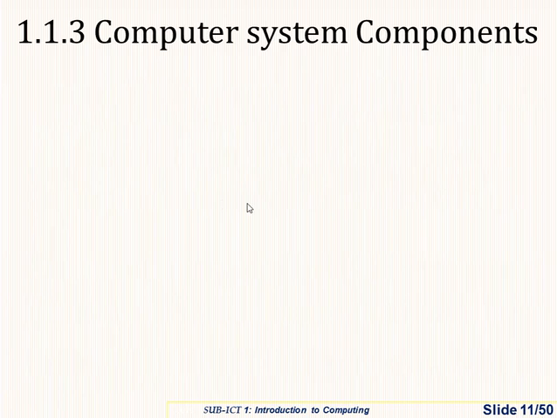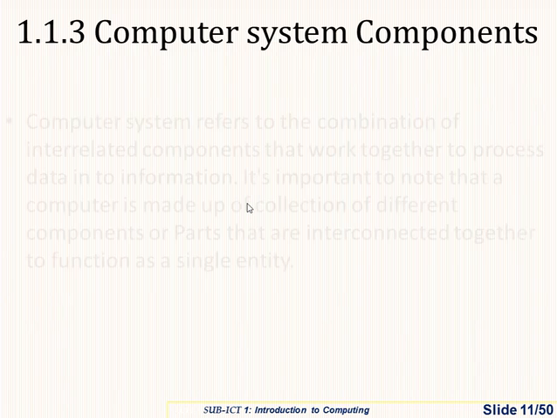Next, we want to look at the computer system components. What is a computer system? We know that a system is simply interrelated components, or a combination of components, that perform a specific task.